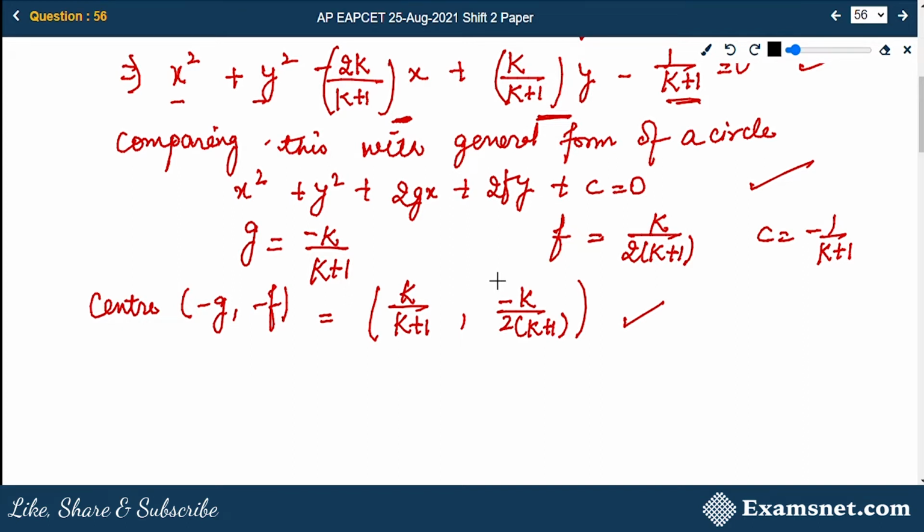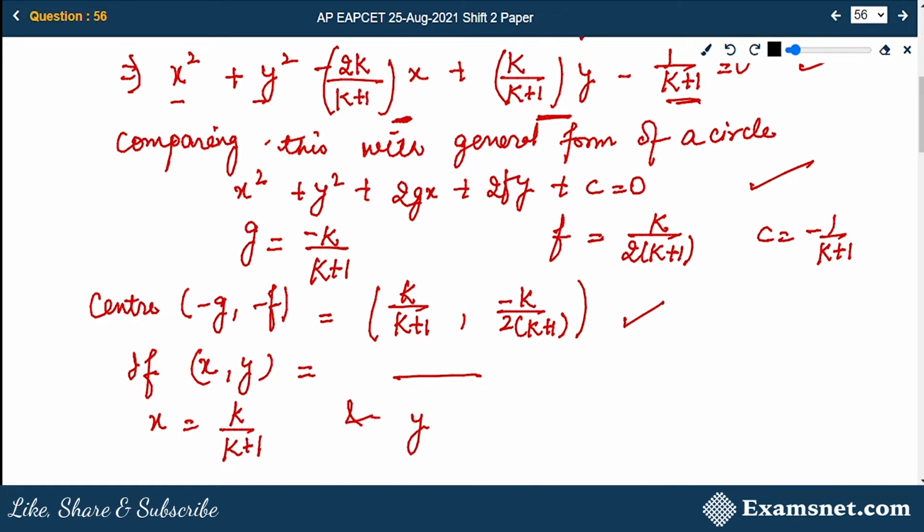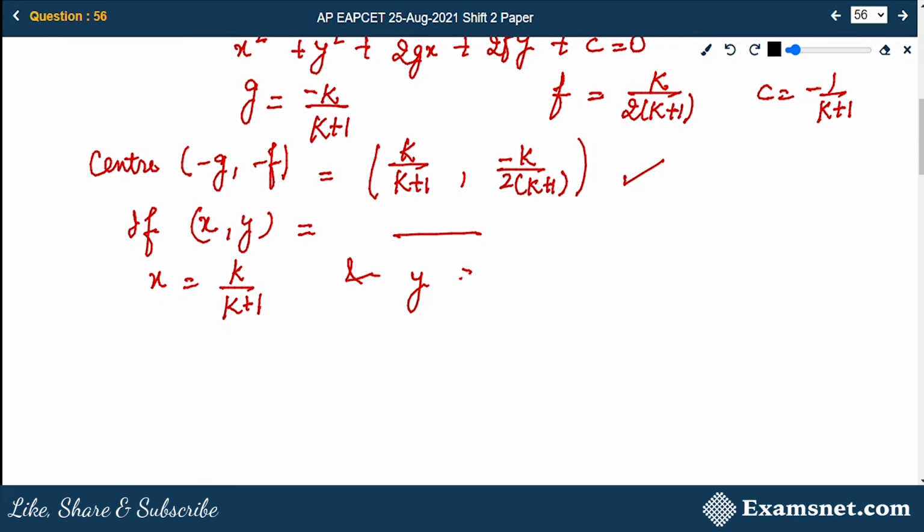So of course, let's take this as x and y. So you can say x is equal to k upon k plus 1 and y is equal to minus k upon 2 into k plus 1. That means you can clearly see this.